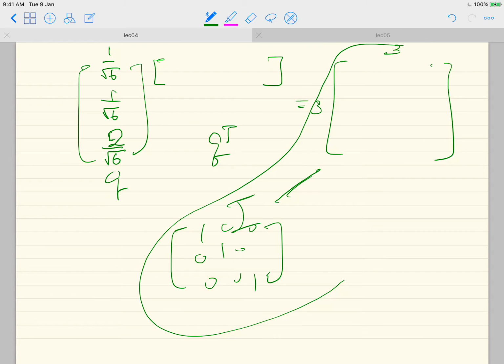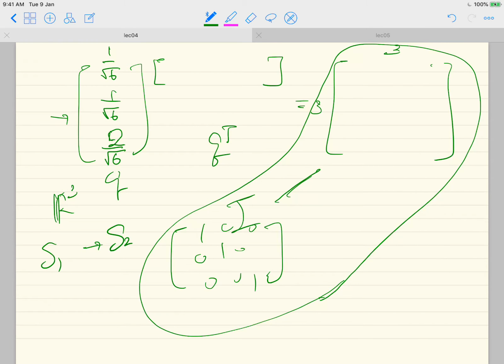It is important that this matrix will also work as a projector onto the remaining subspace, where we started from the three-dimensional space, and our S1 is one-dimensional, right? And then S2, which corresponds to this I minus P, is still an orthogonal projector onto a two-dimensional subspace, right?